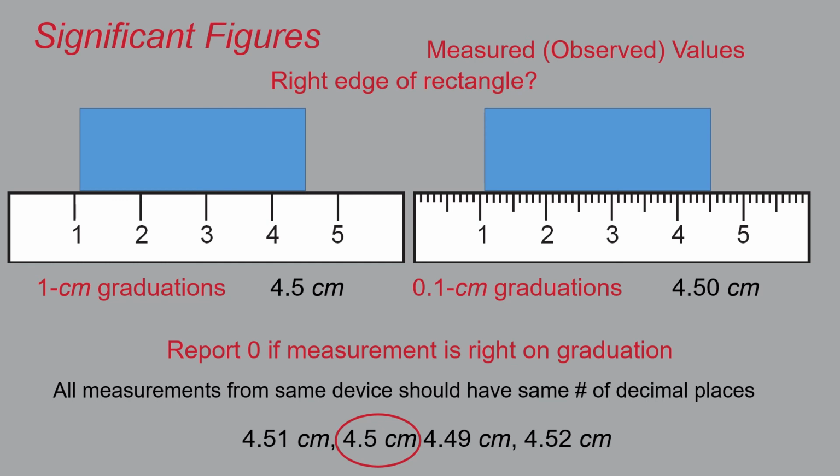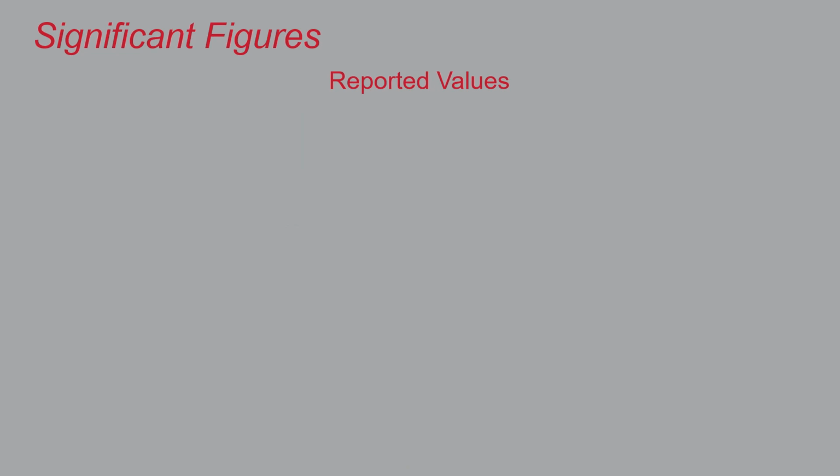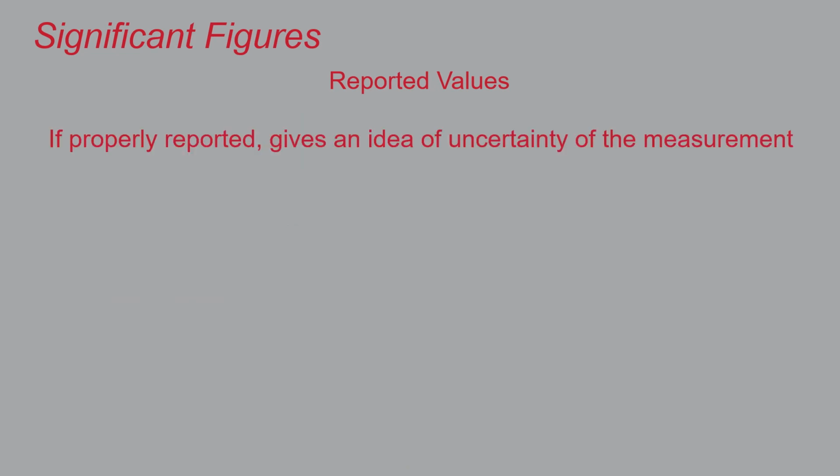So let's see if you get the hang of this. Reported values: the idea is that if you're reporting a measured value to the proper number of significant figures, then that will give someone else a good idea of the uncertainty in that measurement. And that is a piece of information that scientists like to convey.